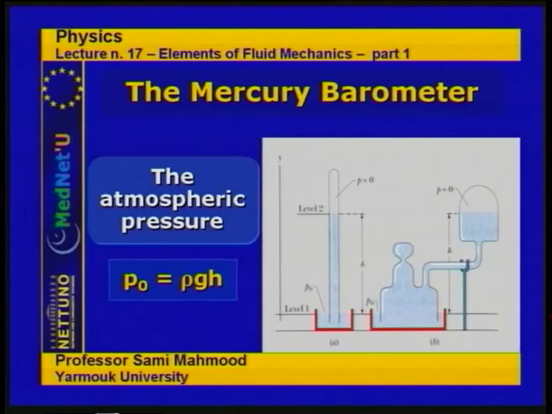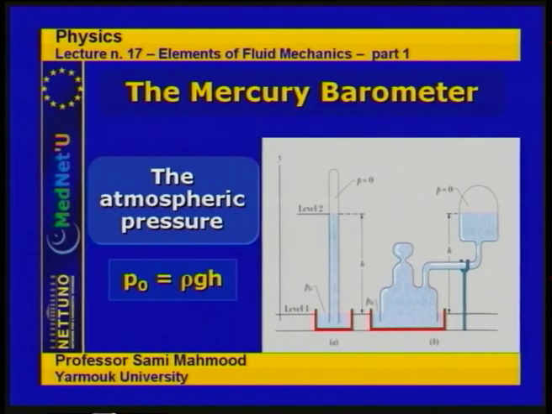The pressure at the interface between the mercury and the air in the dish, at the surface of the mercury in the dish, is equal to the atmospheric pressure, because that point is open to the atmosphere. So it must be affected by the atmospheric pressure at that location.